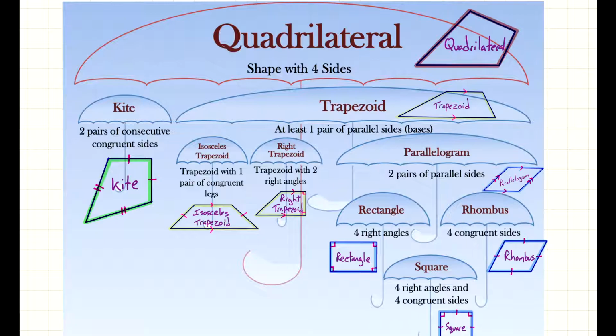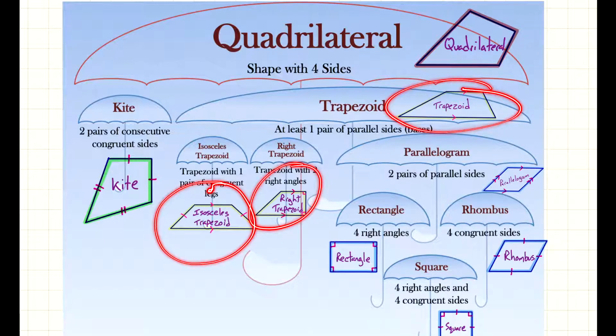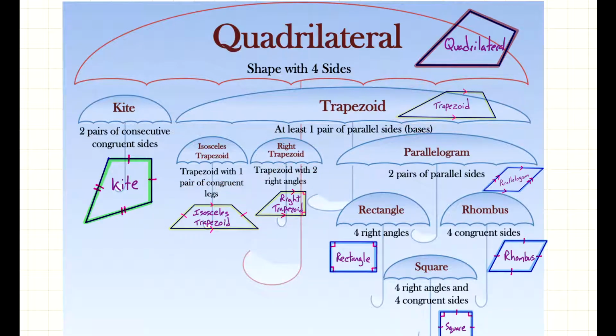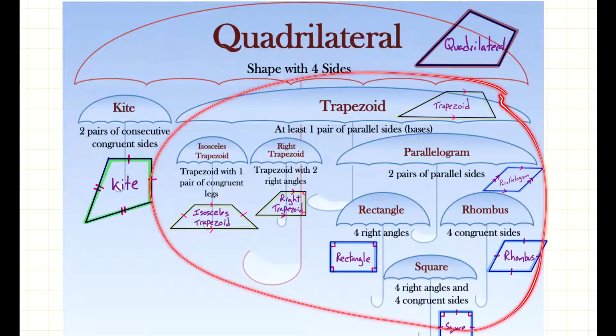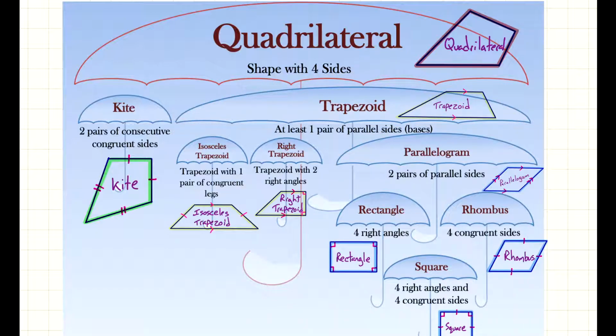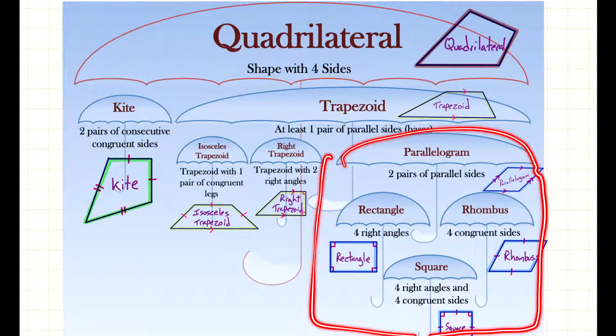So trapezoid, anything that has a trapezoid name on it, has at least one pair of parallel sides. According to our book's definition, technically everything over here could be considered a trapezoid. But traditionally, really if it has 1, we call it a trapezoid. All these have 2, so if it has 2, it's considered a parallelogram.